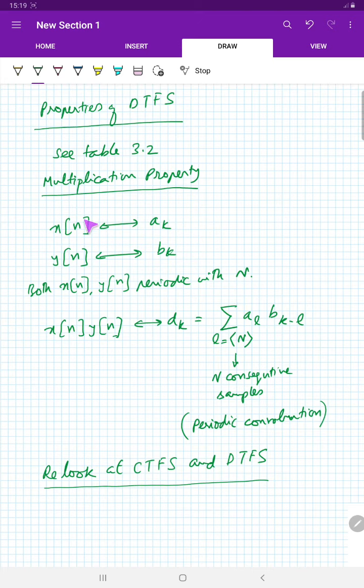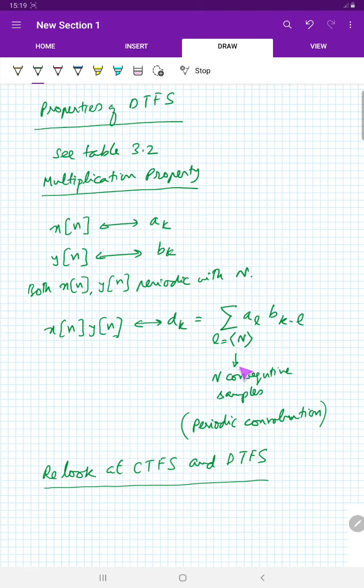Then if you multiply them in time, x[n] multiplied by y[n], where you have pointwise multiplication, and take the Fourier series of that, you will see that again, similar to the continuous time case, you get a convolution. So essentially multiplying in time is equal to convolving in frequency. Multiplying the time domain samples is equivalent to convolving their Fourier series coefficients.